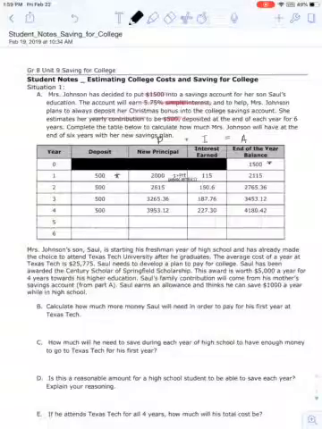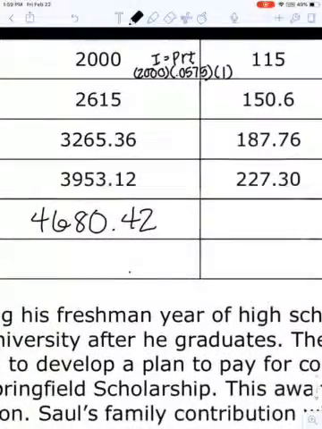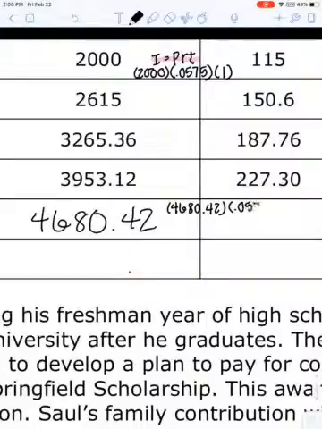So they have the first 4 years filled in for us. Let's fill in year 5. So Mrs. Johnson's going to deposit her $500 Christmas bonus, which is going to make our new principal $4,680.42. I'm going to zoom in here. Using our simple interest formula, I'm going to do 4680.42 times 0.0575 times 1.